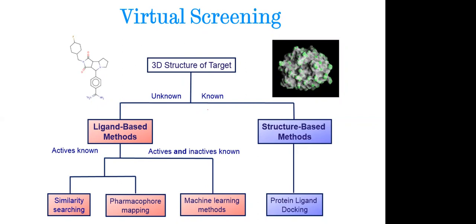If actives are known, we can go for pharmacophore mapping, as I said. And if both actives and inactives are known, as was asked, we go for machine learning methods. In this we can use Python, and the machine learning techniques will be seen in later slides.